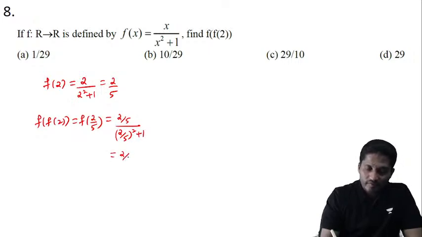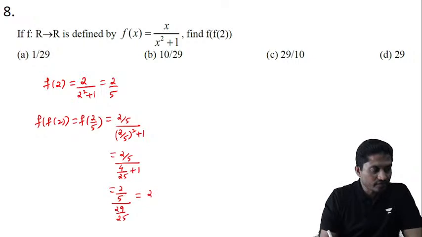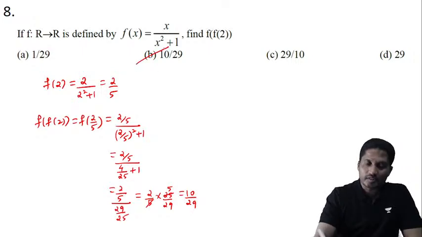So this is 2 by 5, 4 by 25 plus 1. 2 by 5 whole divided by 29 by 25. So this is 2 by 5 into 25 by 29. This will cancel 5 times. I get 10 by 29. Answer is option B.